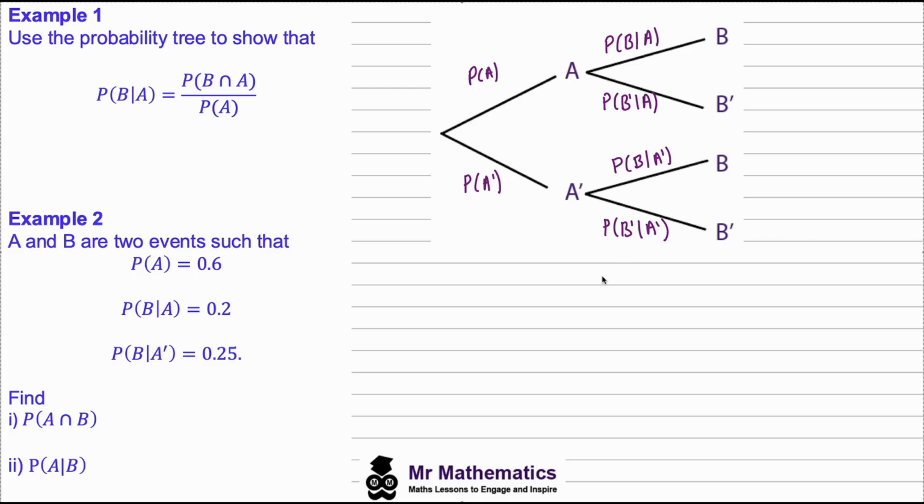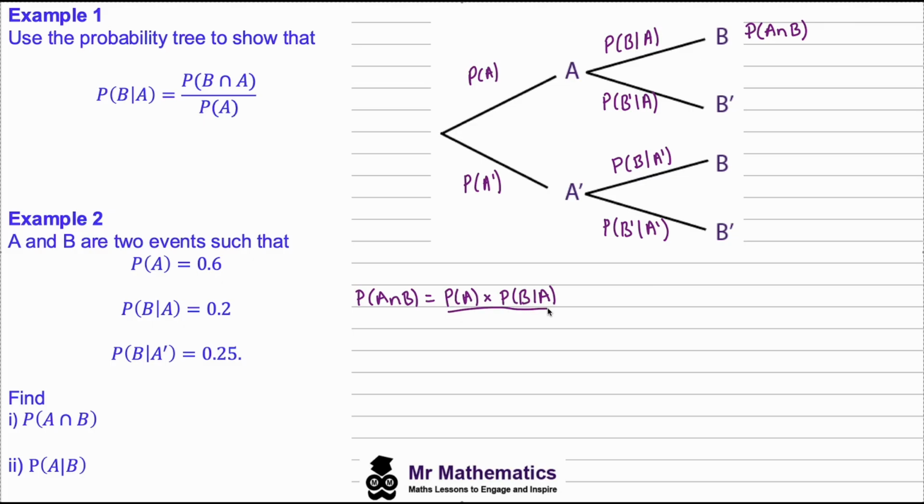Okay? If we go back to this one, if we have A and then B, we have a probability of A intersecting with B. So we can write this as an equation. The probability of A intersecting with B will be this branch, the probability of A, multiplied by this branch, the probability of B given A. And then we can rearrange this equation.